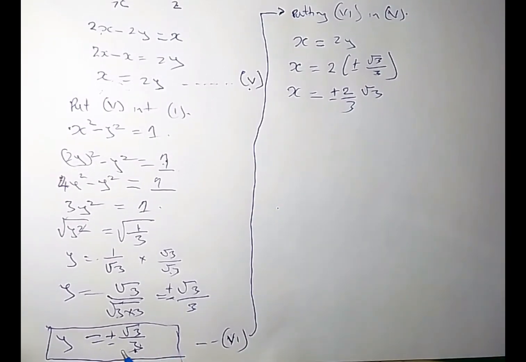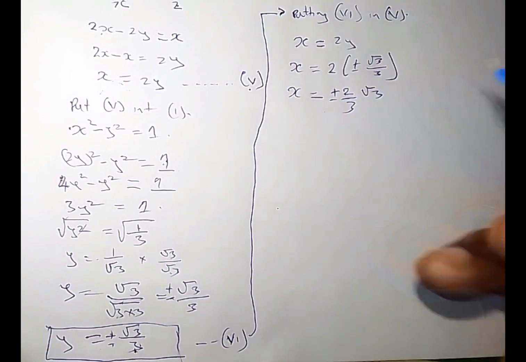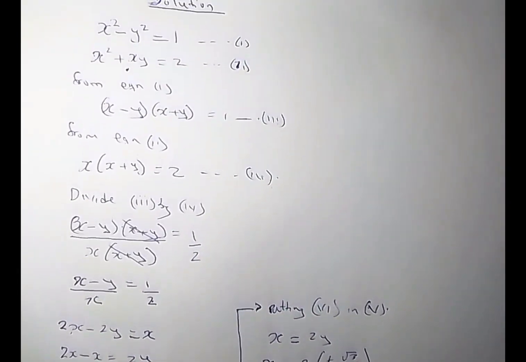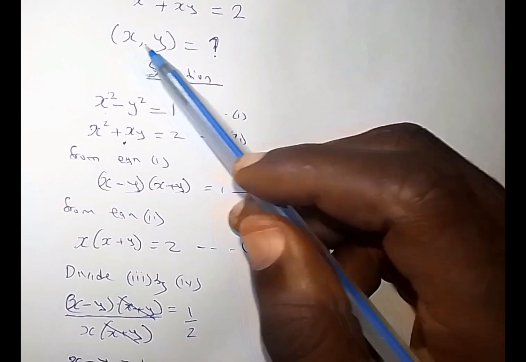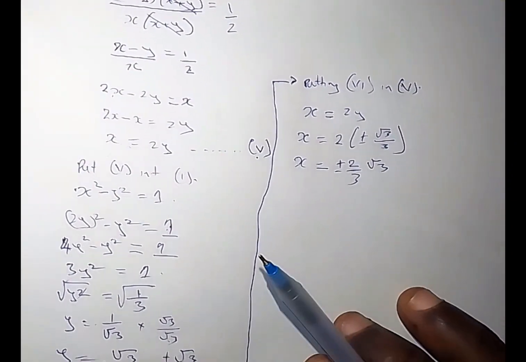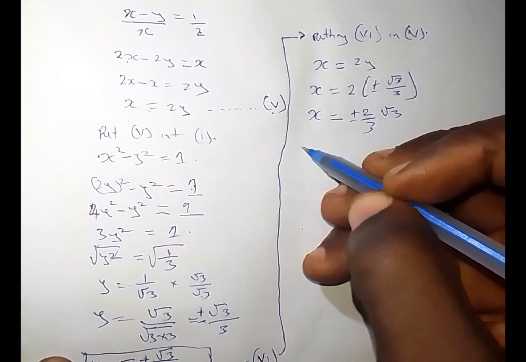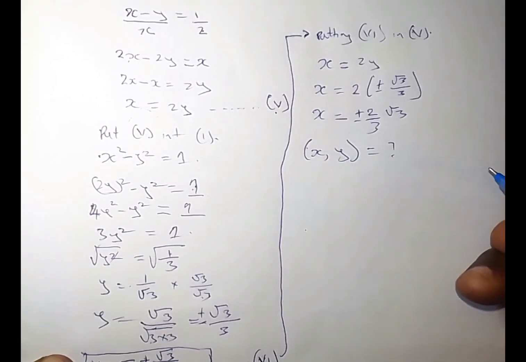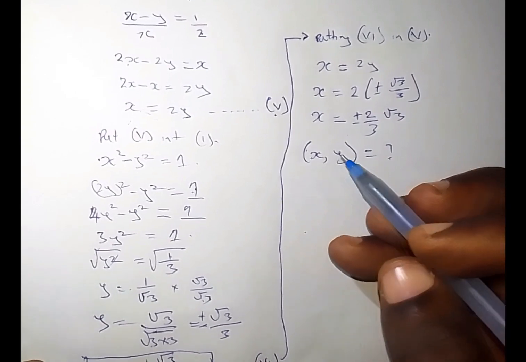For the value of y, we have two values, plus and minus. We also have plus and minus for x. But the question says we should find the pair of x and y, the values for the pair of x and y. So in finding this, we are going to have this x, y. This is what we wanted to find, but we have two values for each of x and y.